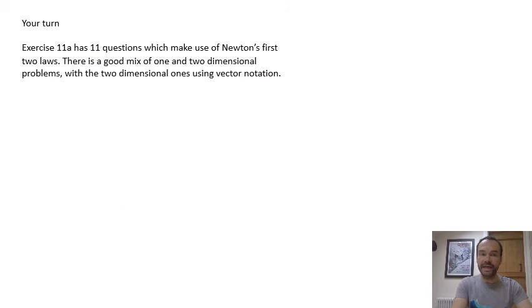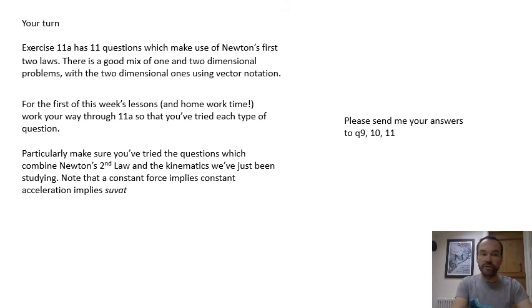Exercise 11a has 11 questions which make good use of Newton's first two laws. A good mix of one- and two-dimensional problems. The two-dimensional problems use the vector notation, whether it's the column vectors or the i, j notation. That's the first of this week's lessons and your homework time, but homework's a funny concept, isn't it, when you're at home all the time?